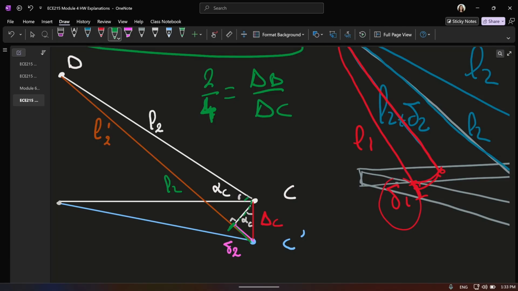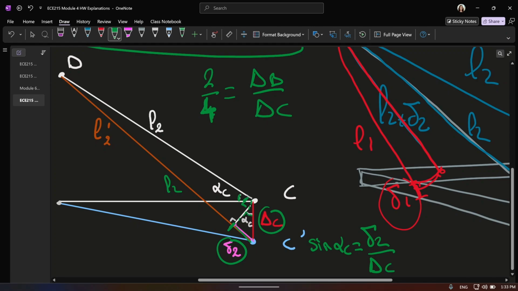We have a right angle there, so we have this angle alpha, and this angle alpha there. We can see this uppercase delta C and this lowercase delta C. Looking at that triangle, sine alpha C equals the opposite, delta 2, divided by the delta C, that is also my uppercase delta 2.